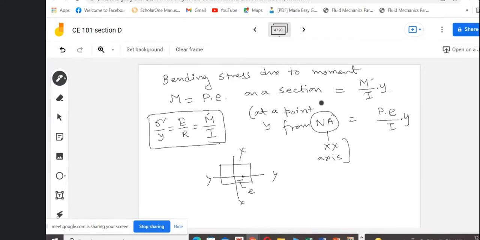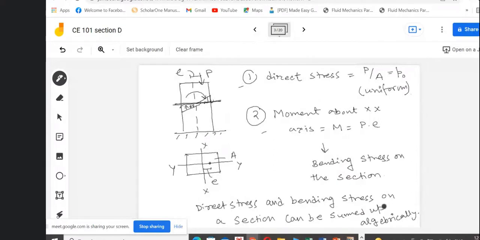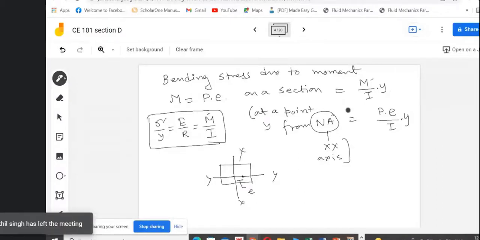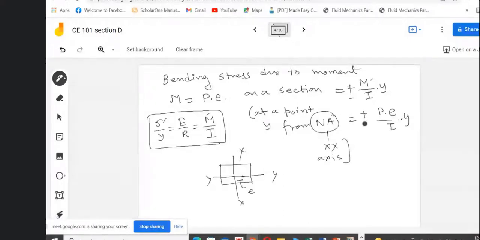Now, as I have written here clearly, we can sum this up algebraically, so we have to introduce the plus minus sign in the bending stress. Plus minus sign, why? Because if this bending stress is of compressive nature, then we will use the plus bending stress, as it is in the same direction as the direct stress.